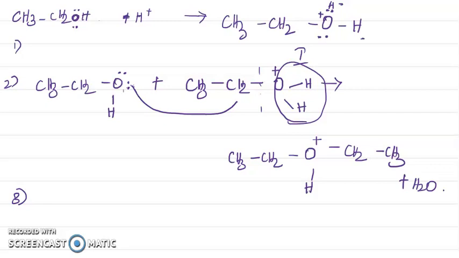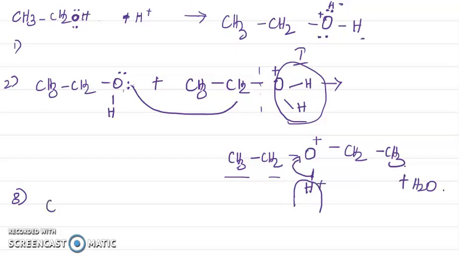From this CH3CH2OHCH2CH3, what happened actually? This bond will move here, because here there is a plus sign, so it will attract this bond, and it will be eliminated as a proton.